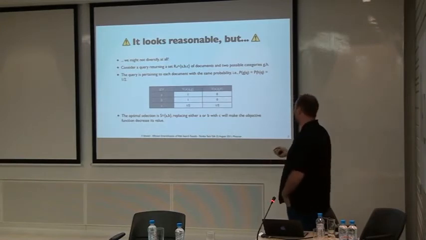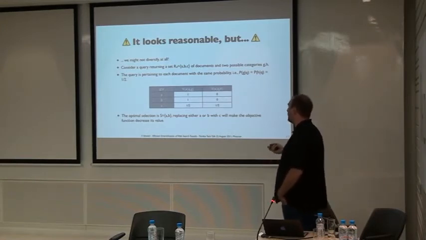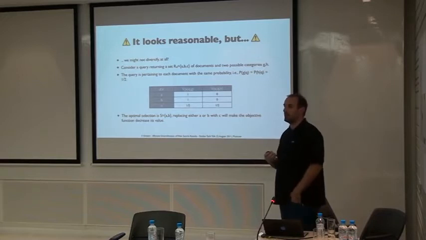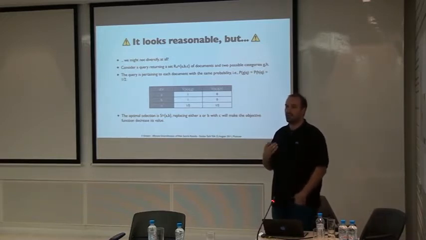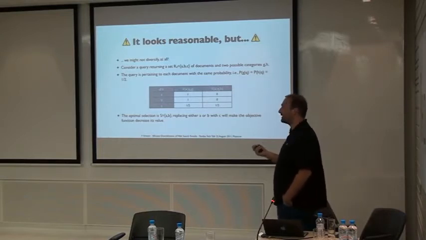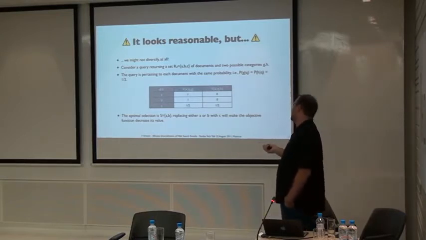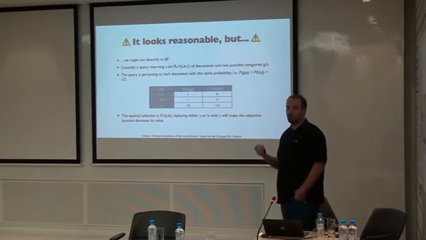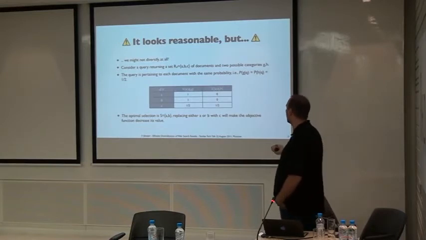And this is actually a good property for a function, because it is well known that functions like this admit an approximation scheme which gives you a 1 minus 1 over e approximation value. So it's quite close to the optimum.